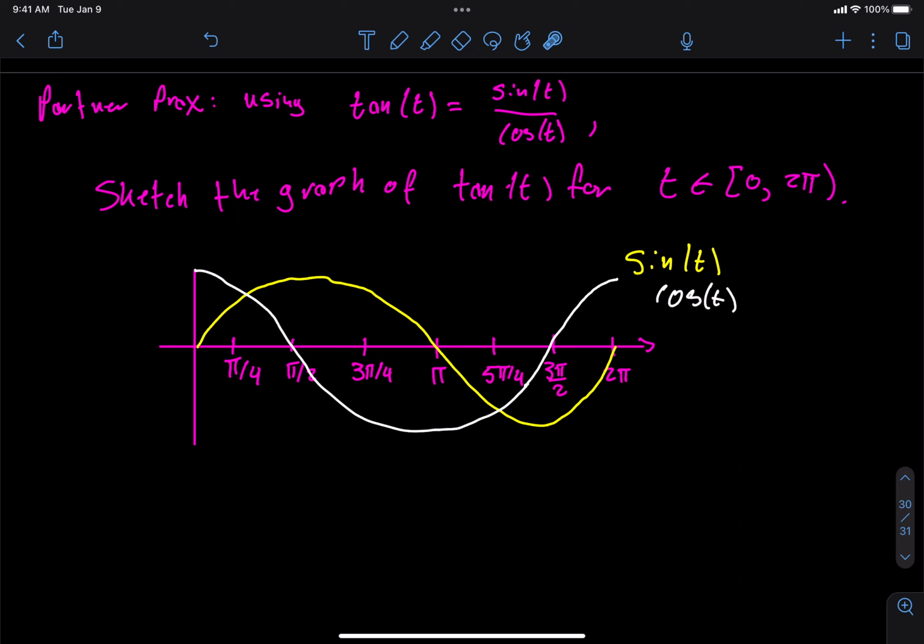Because you gotta think about what's happening as the angle gets closer and closer to here. Think about the limit. We have a fraction. The numerator is going to 1, and the denominator is going to 0 from above. If you're very, very close to here, what are you gonna get?